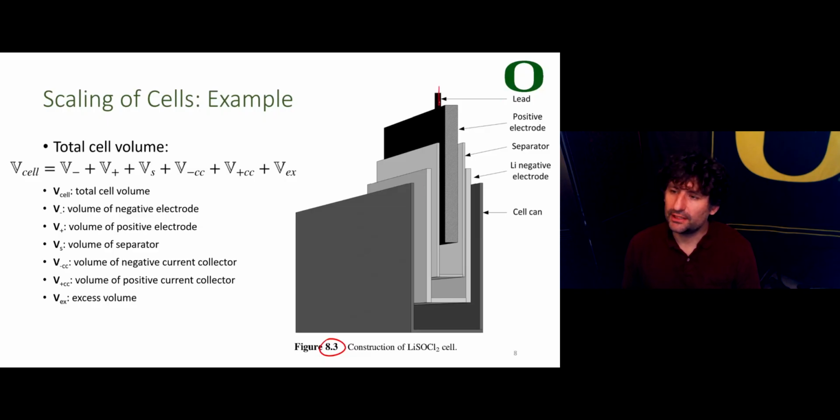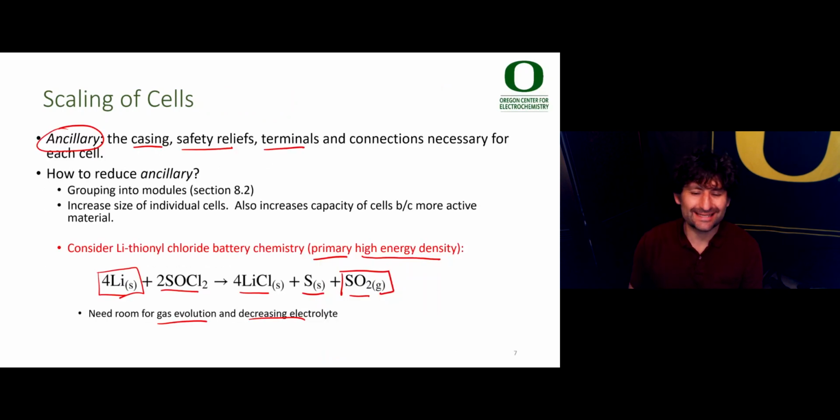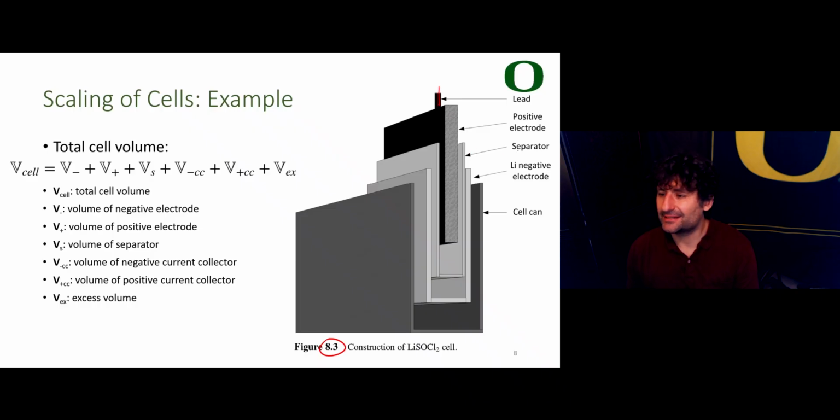Here we have a central lead connected to a positive electrode, which is going to be the thionyl chloride electrode. It's going to accept the solid lithium chloride and sulfur that's formed upon the decomposition of SOCl2. Next to that is a separator.